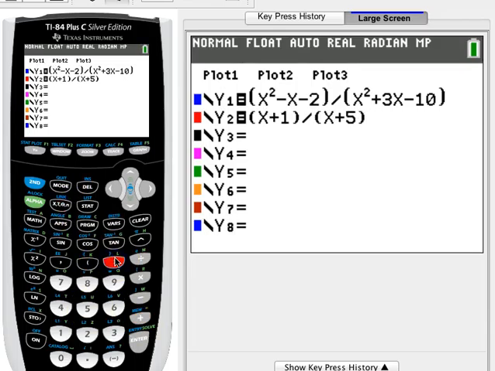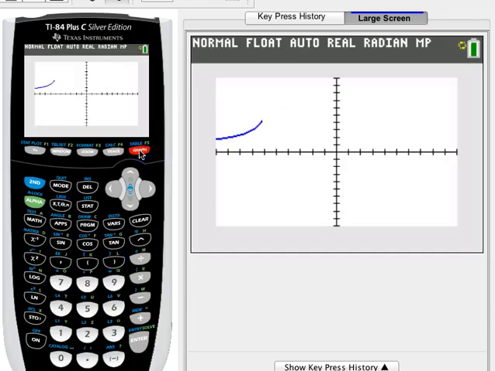I want you to see that they give you exactly the same thing. All right? So just plug in either one to get an idea of what the graph is supposed to look like.